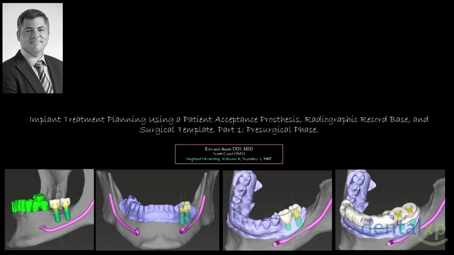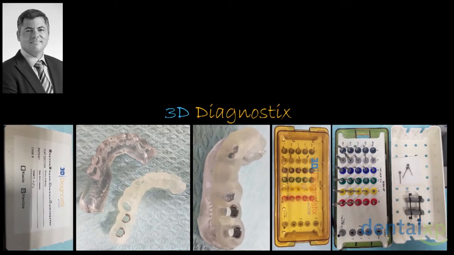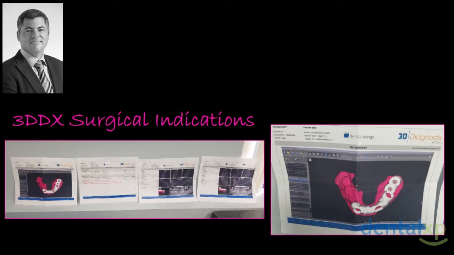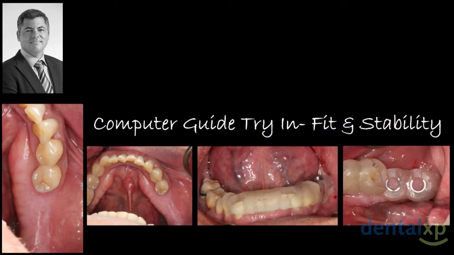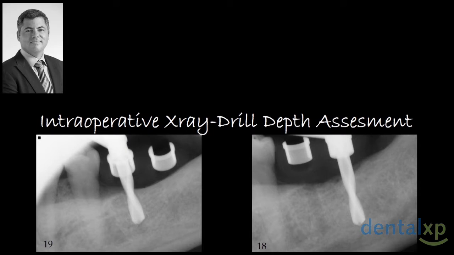So once we were happy with the plan, we would generate a guide. This guide would usually be created by a company. Today you can make these guides in your own practice, and in this case, we're utilizing one of the companies available. We have utilized pretty much all the available companies. Usually these companies send you indications so you can follow the different steps for the different burs that you are utilizing. You check the fit and the stability of the guide, and you proceed to perform the sequential osteotomy.